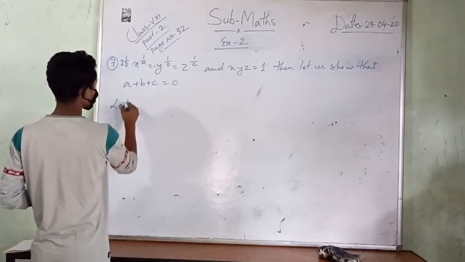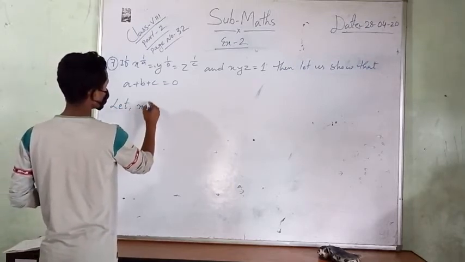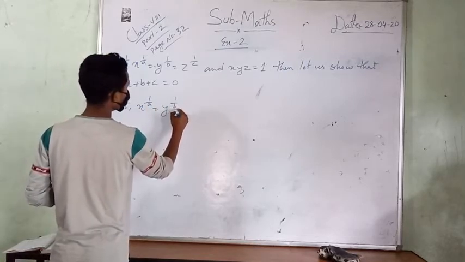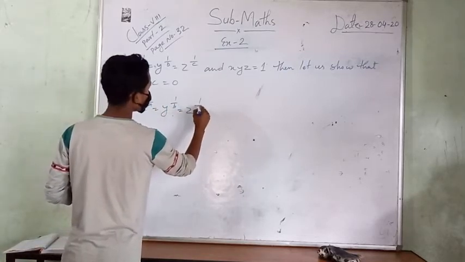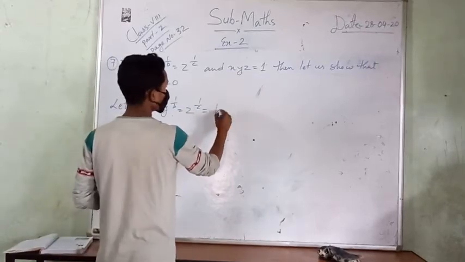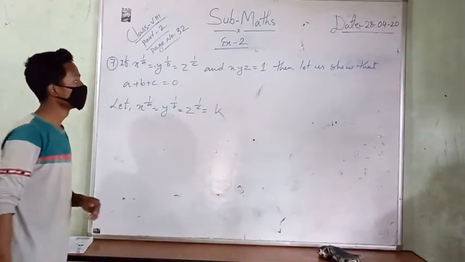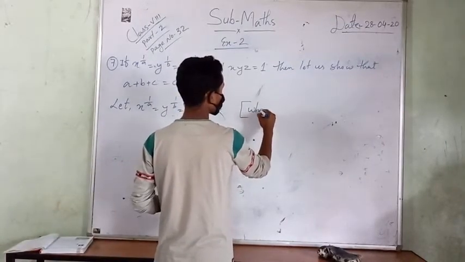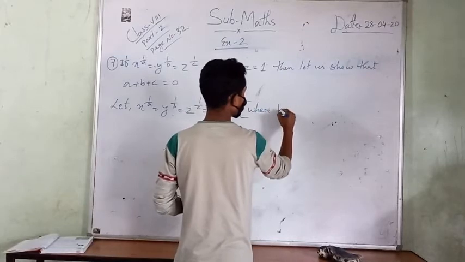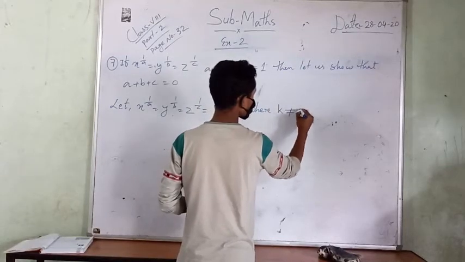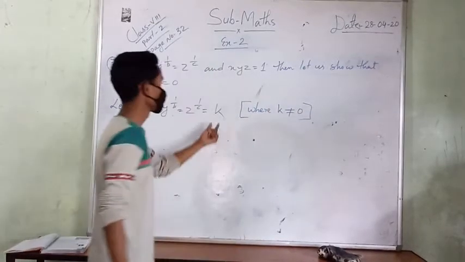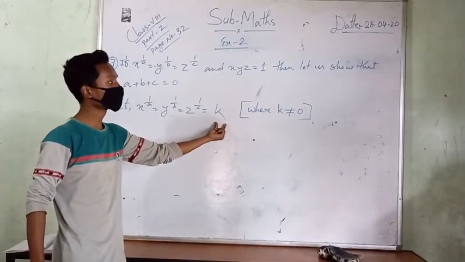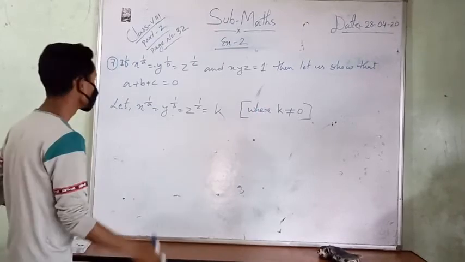So first I will write: let x to the power 1 by a equals y to the power 1 by b equals z to the power 1 by c equals k. Then in a bracket we have to write where the value of k is not equal to 0.